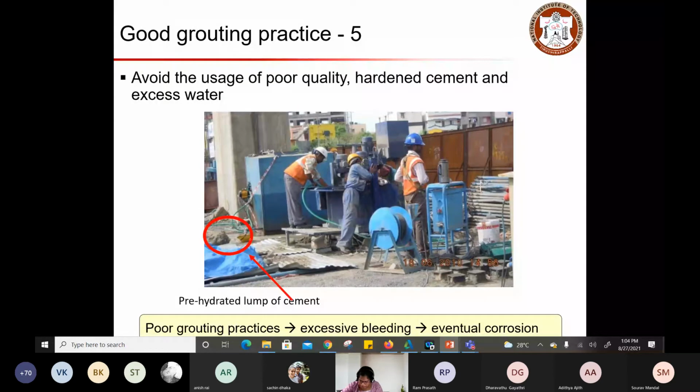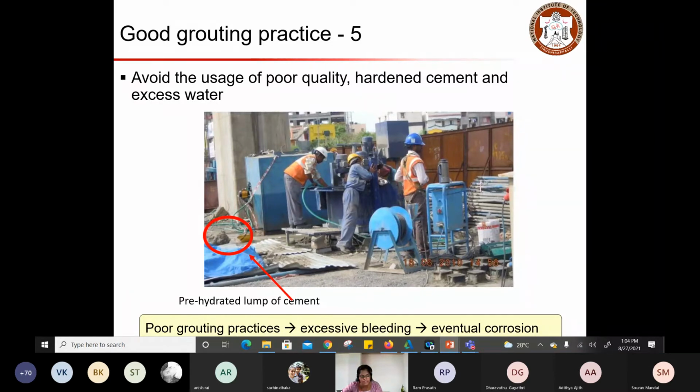Why? Because here you can see this particular thing indicates a prehydrated lump of cement. When you use such cement for your concrete preparation, it will not give a better durable concrete. You may end up having ingress of moisture or chlorides eventually. So this type of practice has to be stopped.